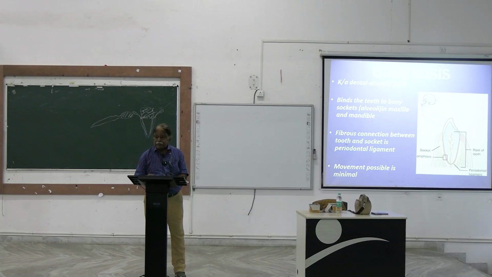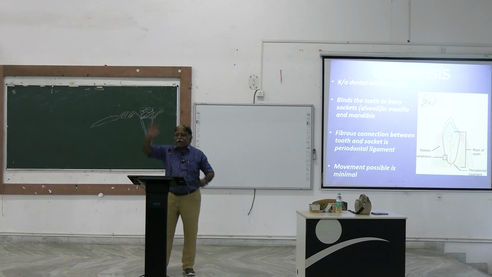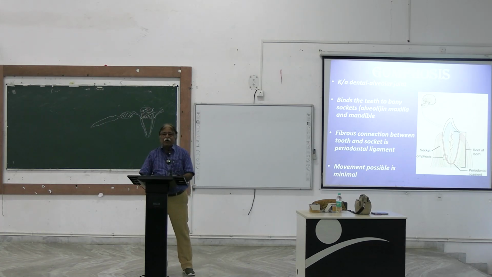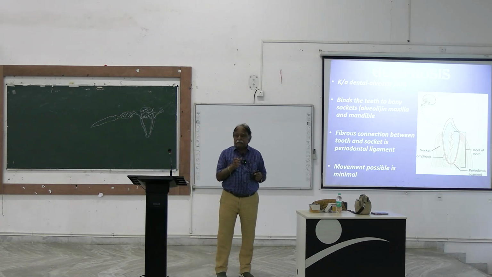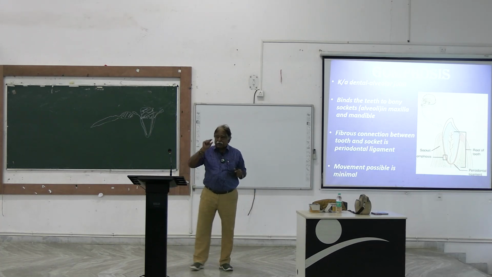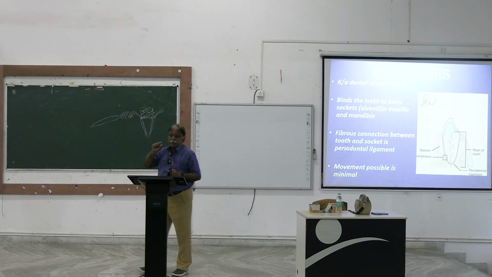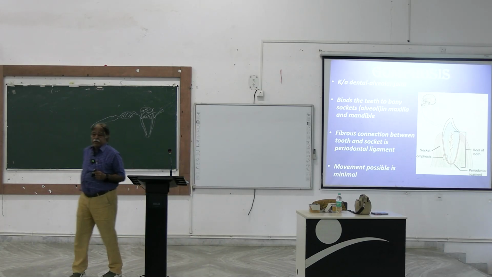But if there is a bottle, then some friend comes and opens it, crack. So it is a small socket, small tooth, it's not like the opening of the synovial joint of the hip joint.